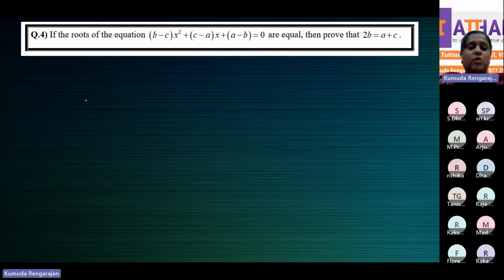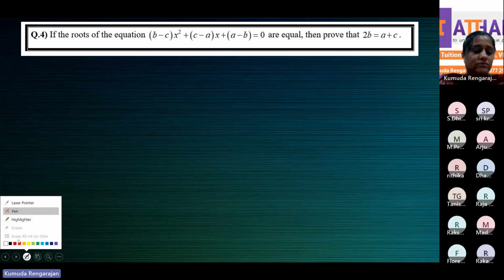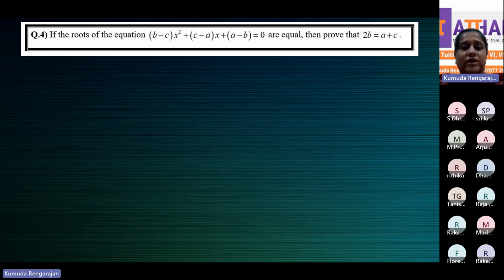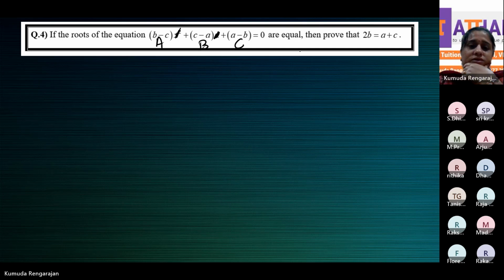I'll tell you again. We are given a quadratic equation. Again, what is the value of A? This is A. This is B. And this is a constant C. Again, we're using capital A, B, C because we already have small letters a, b, c in the quadratic equation. To differentiate, we use capital A, B, C. What is given?